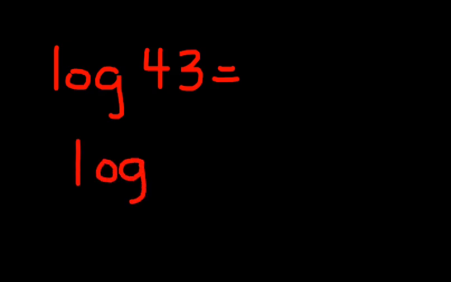So if we want to find the log of 43, we can type that directly into our calculator by simply hitting our log key, and most calculators will then put a parentheses there, and then we just put 43 in.